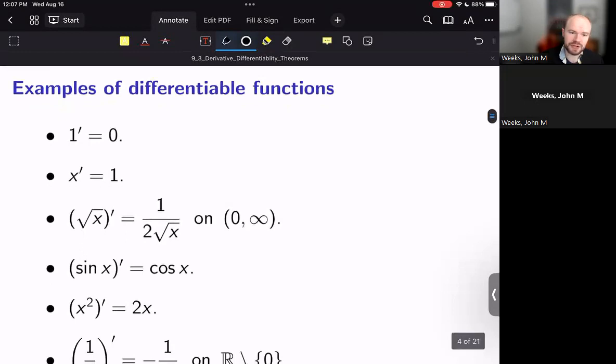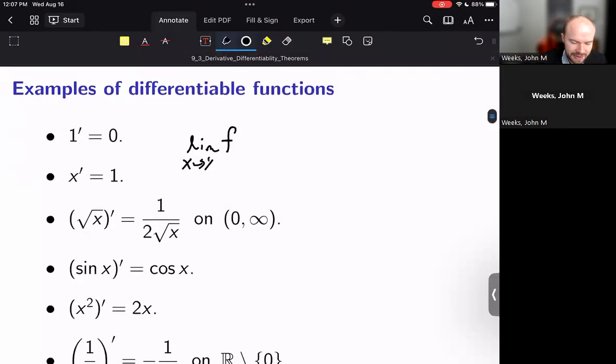Examples of differentiable functions. We can see some of these by using examples. For example, 1 or any constant function has a derivative of 0. The derivative of x is equal to 1, and you can go through and try some of these things if you would like using the definition. For example, the fact that x prime is equal to 1: how am I going to use this definition here? I'm going to say that this is the limit as x approaches x naught, for any value x naught that I'm looking at, of f of x minus f of x naught divided by x minus x naught.